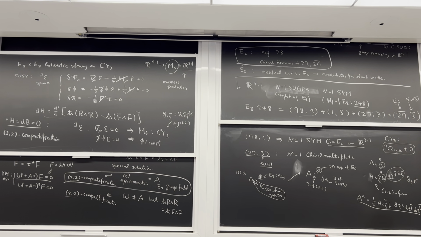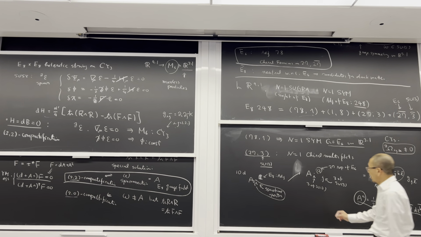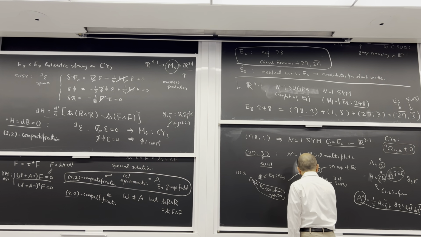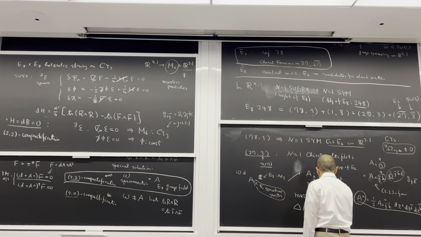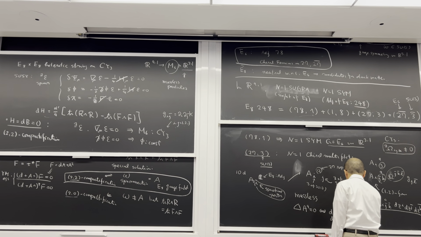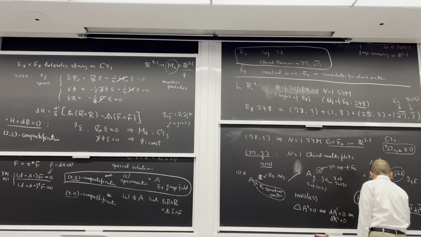The massless condition requires that it is closed and co-closed, namely dA = 0 and d*A = 0, which is equivalent to saying that A is an element of H^{2,1} of the Calabi-Yau manifold.